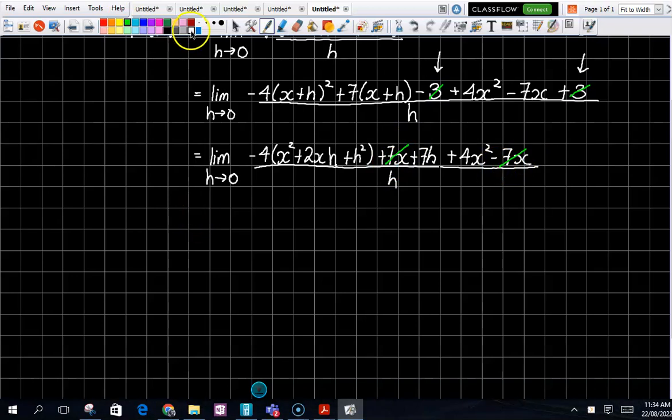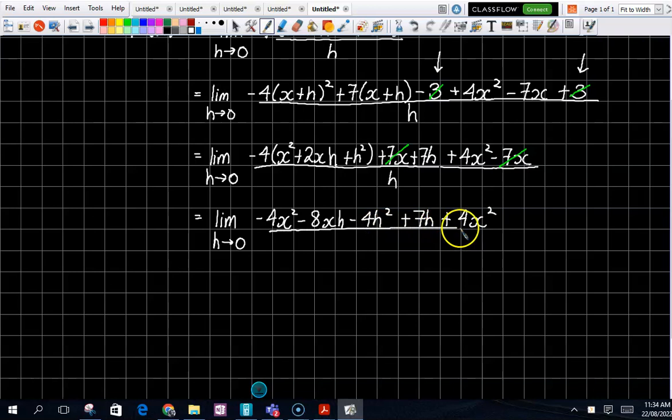Okay, so what have we got? Limit minus 4x squared take 8xh minus 4h squared plus 7h plus 4x squared. And really, you shouldn't be just copying what I'm doing because you can expand.